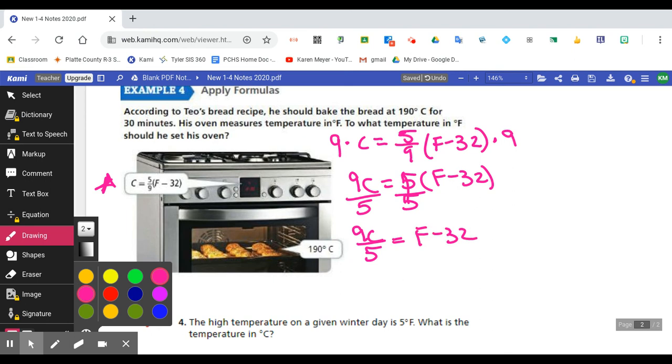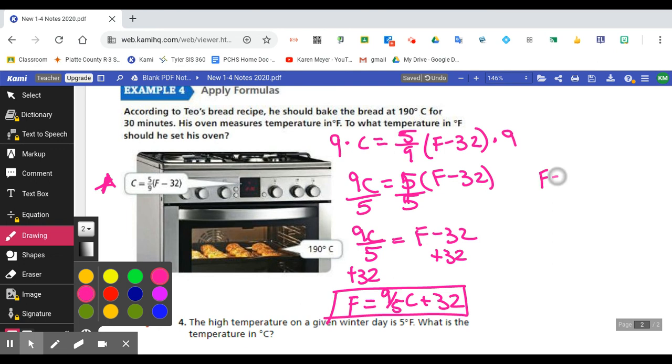And then the last thing I have to do is take that minus 32 and move it over by adding it. Now, don't forget, 9/5 c has a variable, so you can't actually add 32 onto it. So we're just going to say F equals 9/5 C plus 32. That's my formula I'm going to use. So now I'm just going to take the number and plug it in.